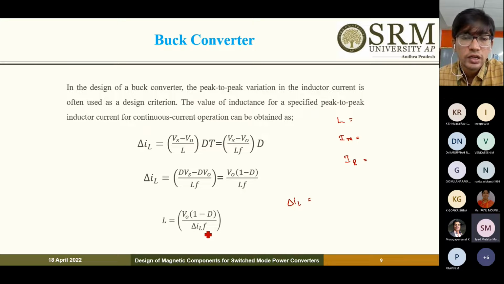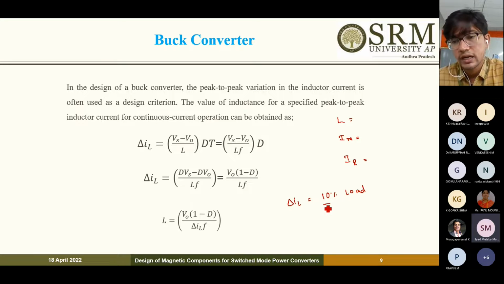So how much ripple current do you want to allow? Based on that, your L value will be decided. Usually 10% of your load current will be considered while designing an inductor in order to reduce the inductor ripple.